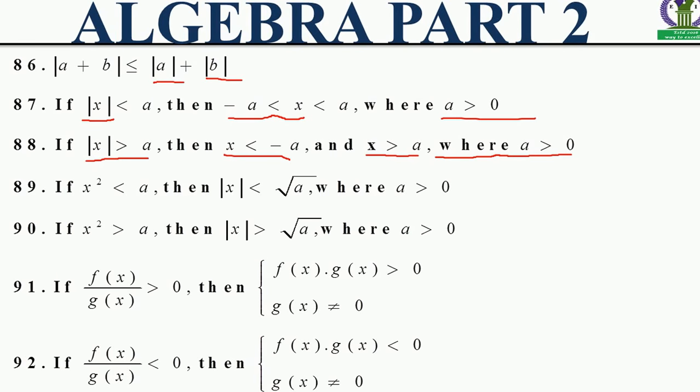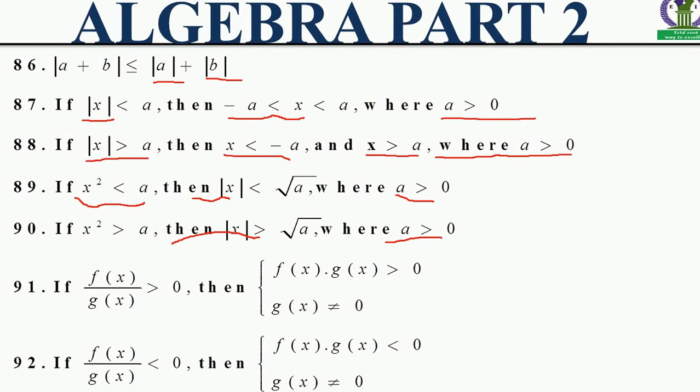If x square is less than a, then we have mod x is less than under root a, where a is greater than 0. If x square is greater than a, then mod of x is greater than root a, where a is greater than 0.